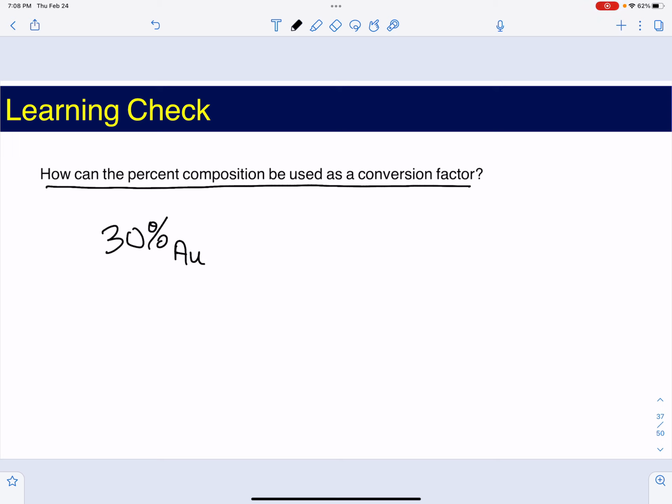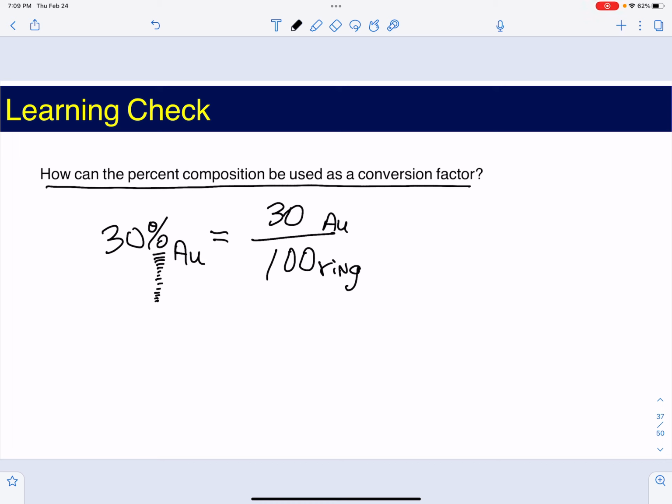So how can I even use that as a fraction, if I told you that a conversion factor is like a fraction? You just translate it. If you have something that is a percentage, it's always going to be out of 100. So I told you that the ring contains 30% gold.